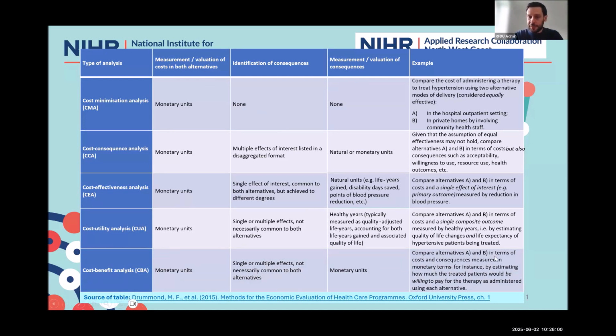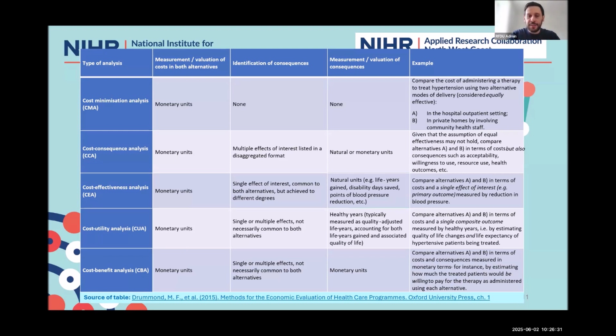For example, one way you could do that is by estimating how much the treated patient will be willing to pay for the therapy. So you're putting a type of price into the therapy, and you try to compare how much value patients put onto the different therapies and try to monetize a bit the intervention and understand the value of this intervention. CBAs are common, but not as common as cost utility analysis or cost effectiveness analysis in health economics.